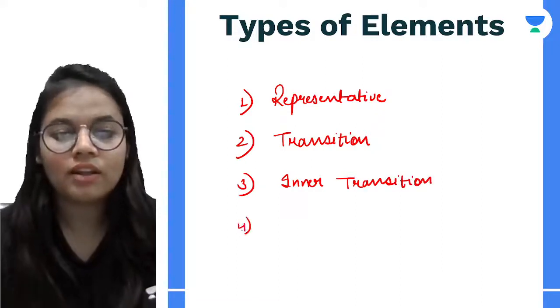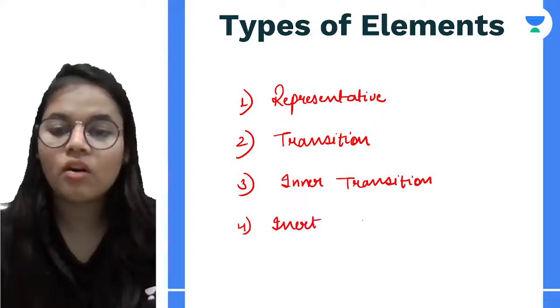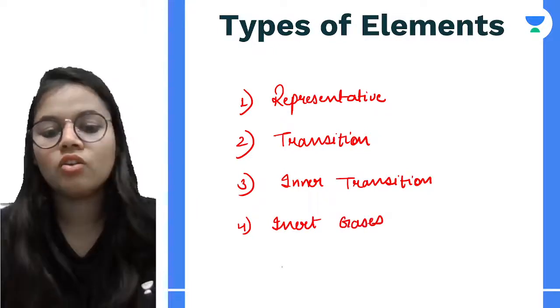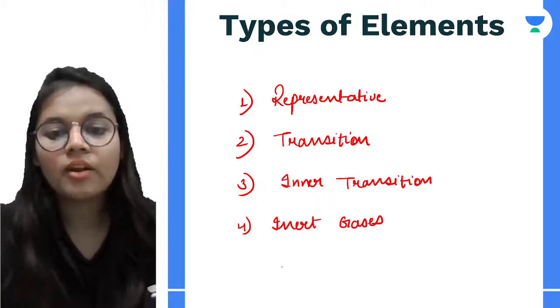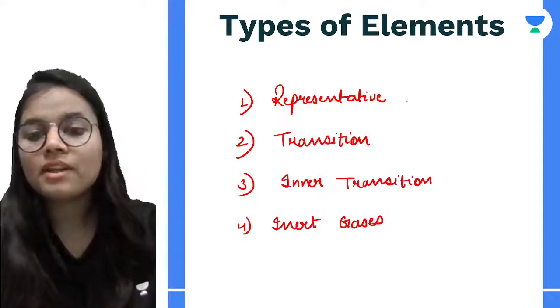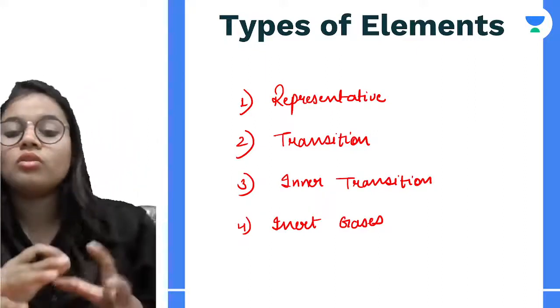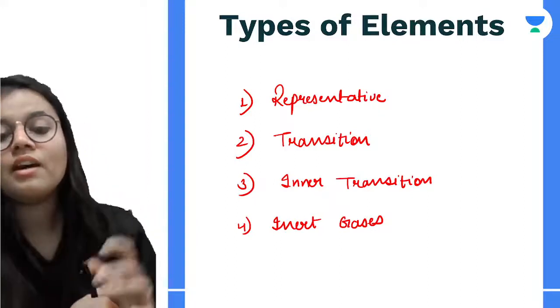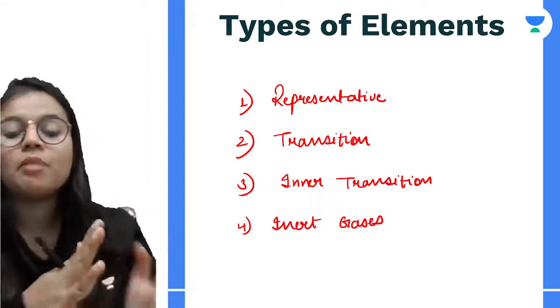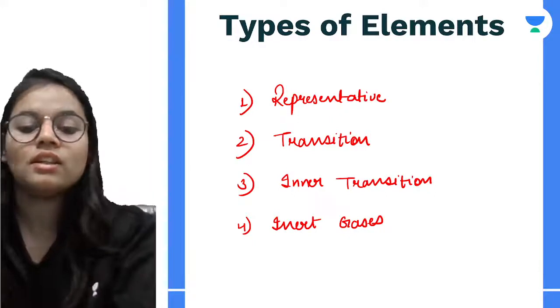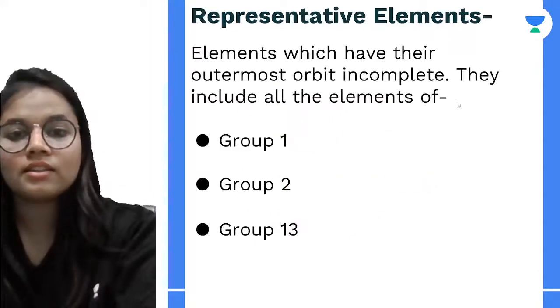And the last one is inert gases, also known as noble gases. Representative elements, we will be seeing what the meaning is, or in which groups we have the representative elements, and bit by bit we will be moving up till transition, inner transition and the inert gases.